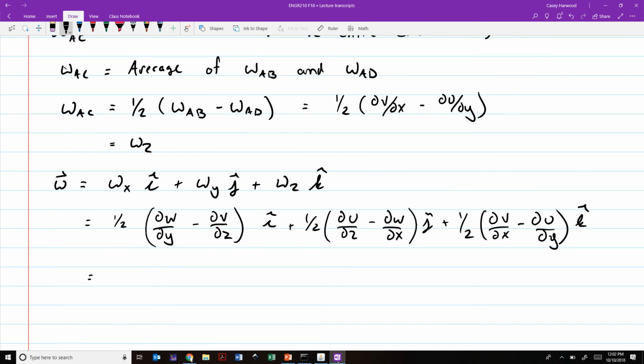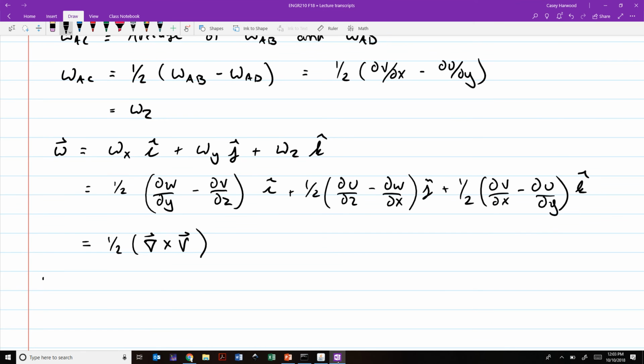We're not going to prove it to ourselves right now, but we can also write this as 1/2 the cross product of the gradient operator with the velocity. From vector calc, does anyone know what this quantity here is called? Curl. Right.